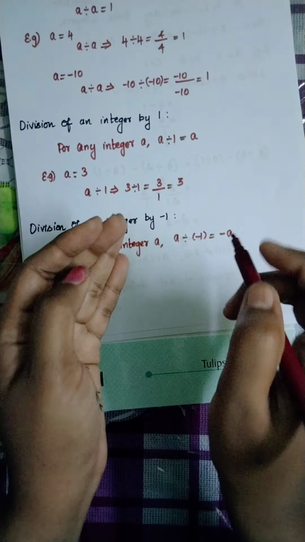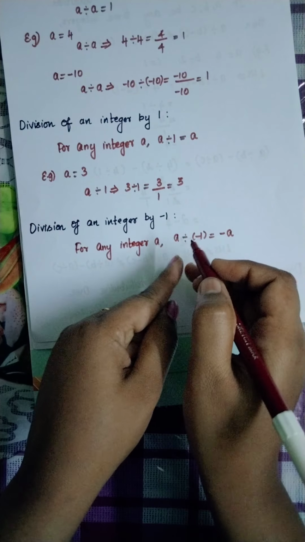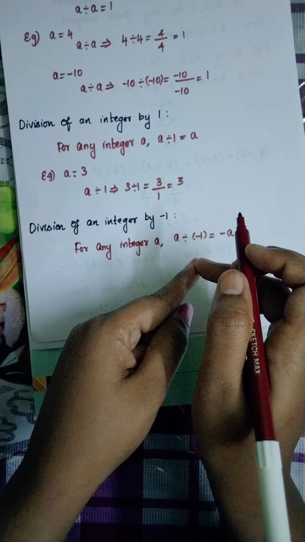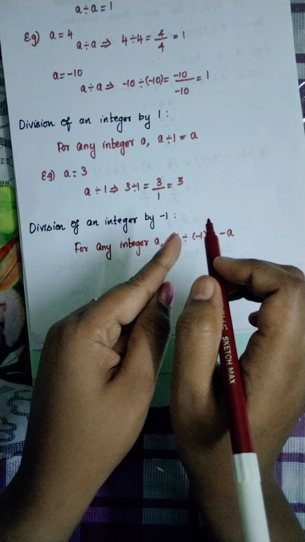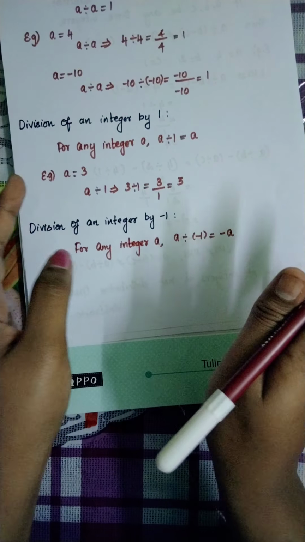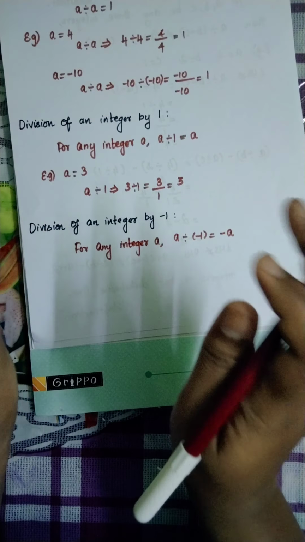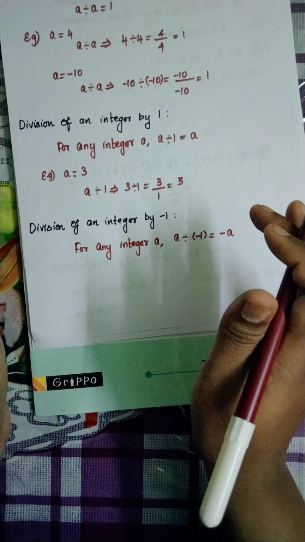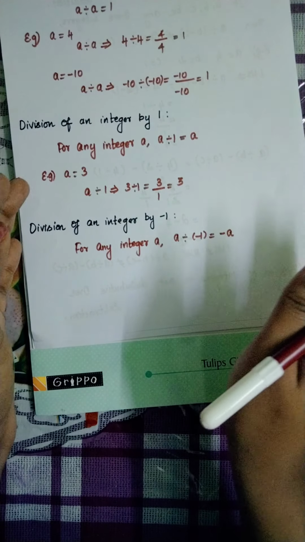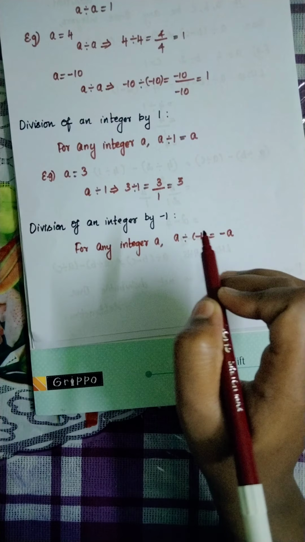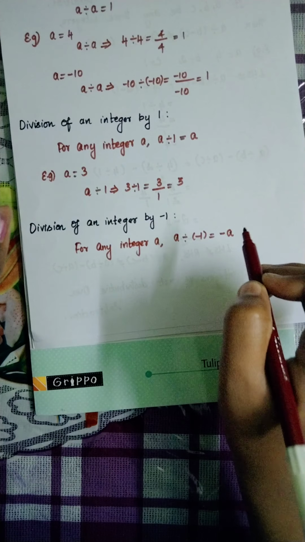If you are taking minus a, then minus a divided by minus 1 is a. When you are taking a positive number, that is simply a in the numerator, the answer is minus a. For any integer a, a divided by minus 1 is equal to minus a.